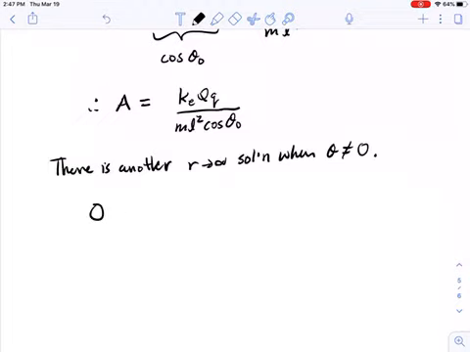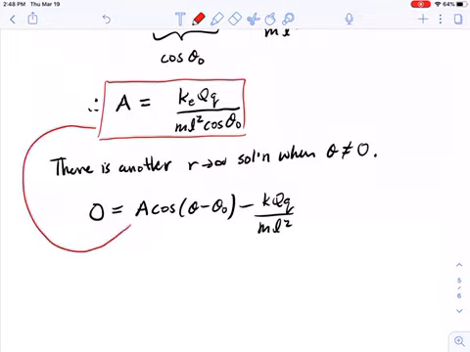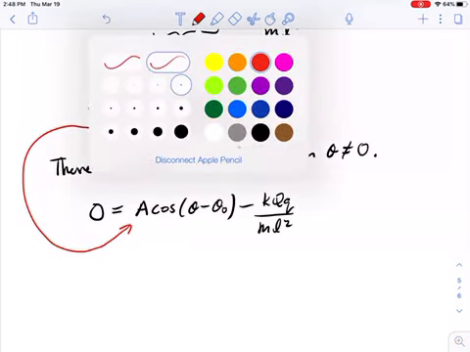So we require 0 is 1 over R, so 1 over infinity is 0. So this is U is A cos of theta minus theta naught minus K Q Q over M L squared. But we just found an expression for A, so we're going to take this expression for A, and we're going to sub it into here and see what that leads to.